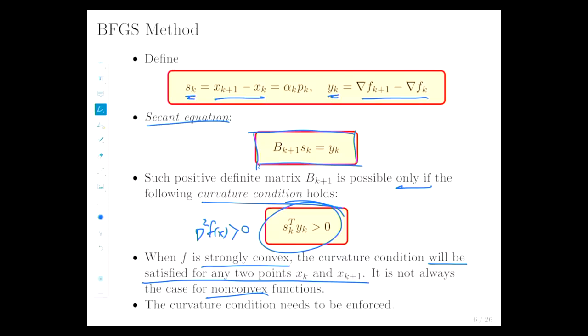N squared, or fewer than that, since it is symmetric: it is (n squared plus n) divided by 2.